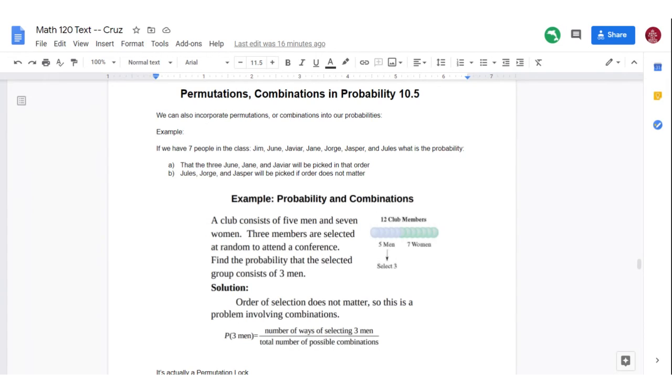If we have runners in a race where there's first, second, and third place, or prizes, first, second, and third prizes, or even a committee with president, vice president, and secretary, then that is when we use permutations.